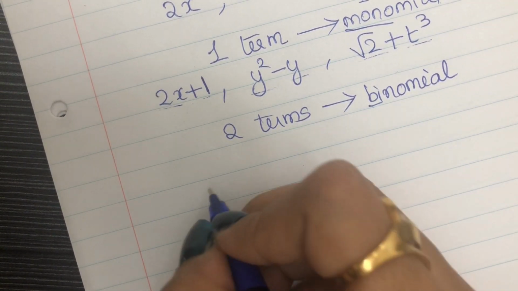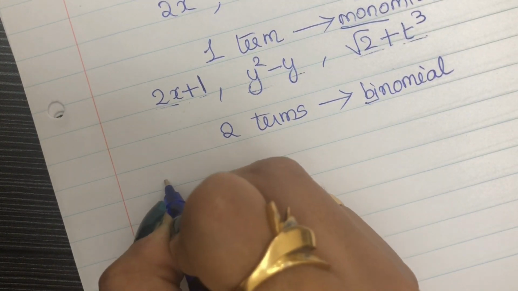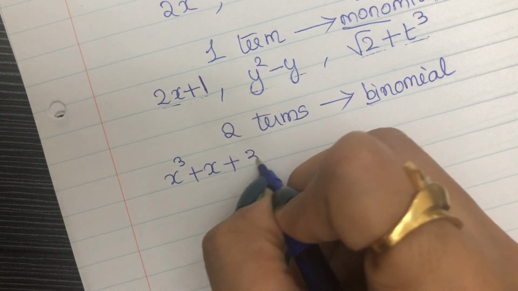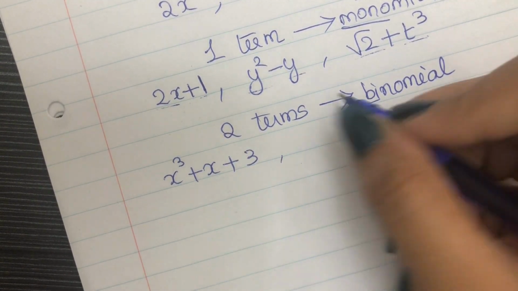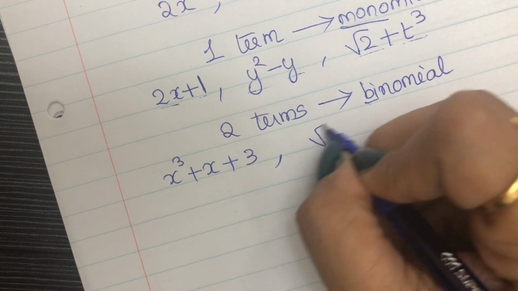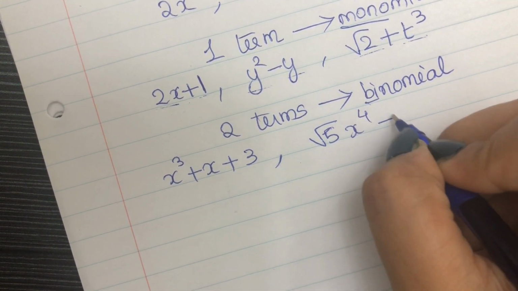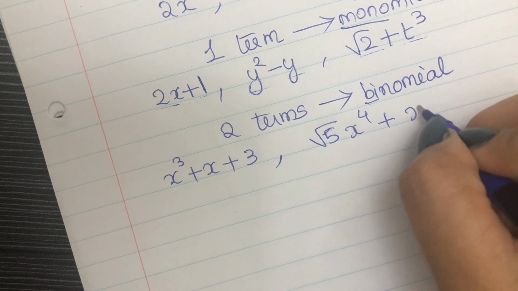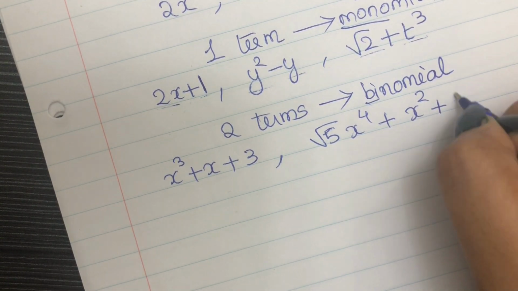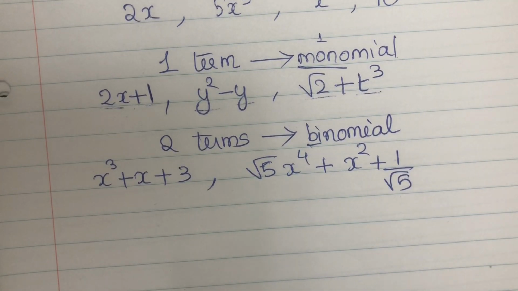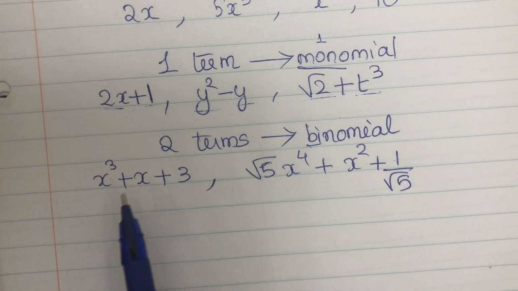Now we look into some examples. x cube plus x plus 3, root 5 x raised to 4 plus x square plus 1 by root 5. See here also, how many terms do we have?